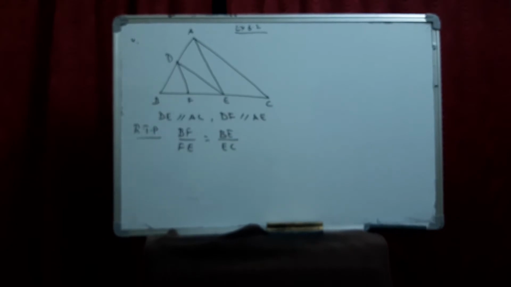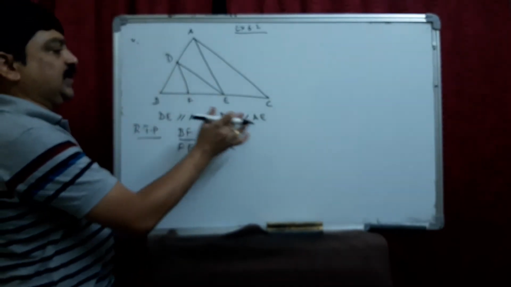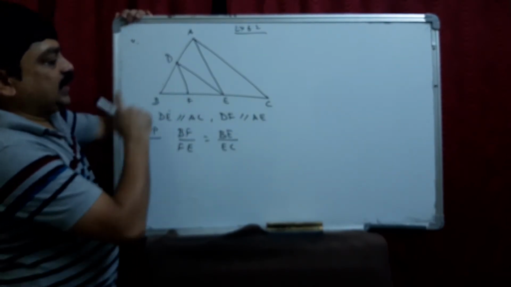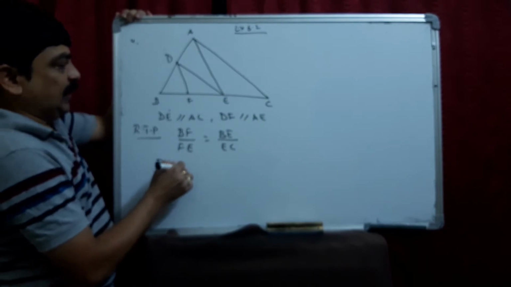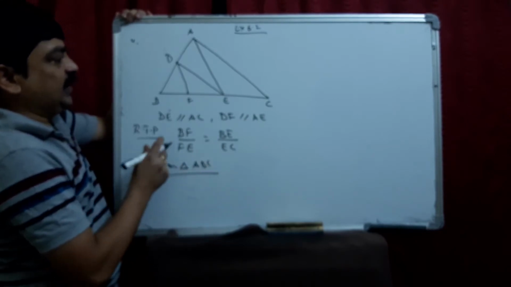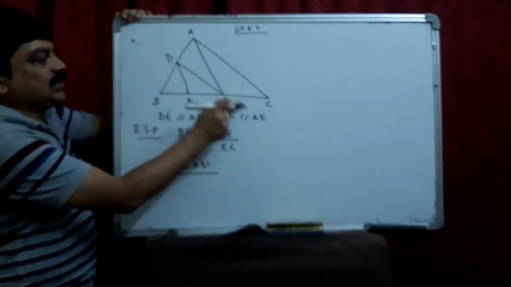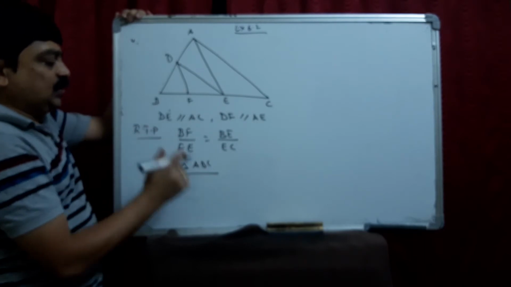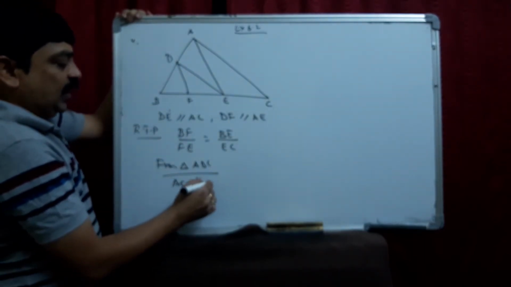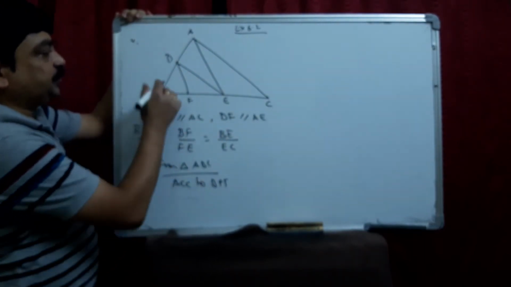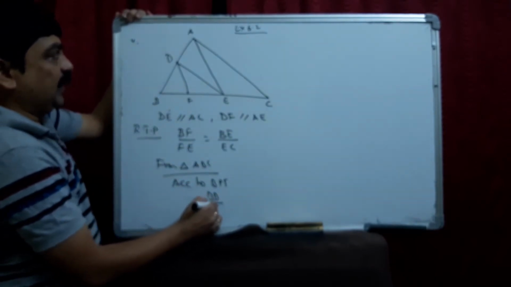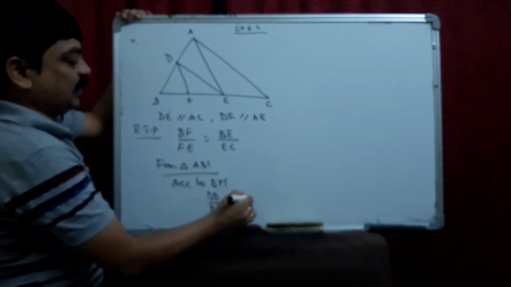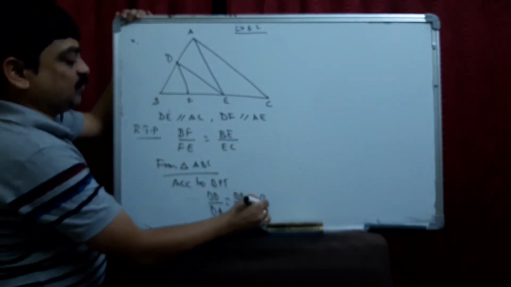Now see the next question. This is the figure given, and DE is parallel to AC and DF is parallel to AE. Now first let us apply the first condition. When DE is parallel to AC, take the whole figure as triangle ABC. DE is parallel to AC. According to BPT, what happens? BD by DA is equal to BE by EC. Keep it as 1.